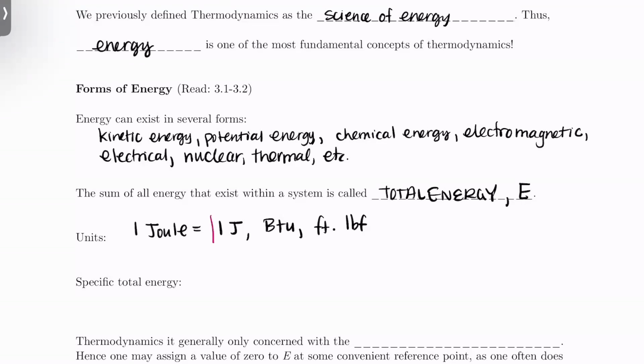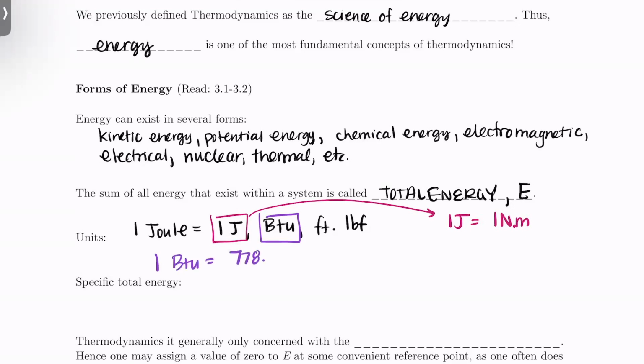It's also important to note the conversions. 1 joule is equal to 1 Newton meter. Sometimes you'll see a period between these two; that just means they're multiplied together. And 1 BTU is 778.17 feet times pounds of force.